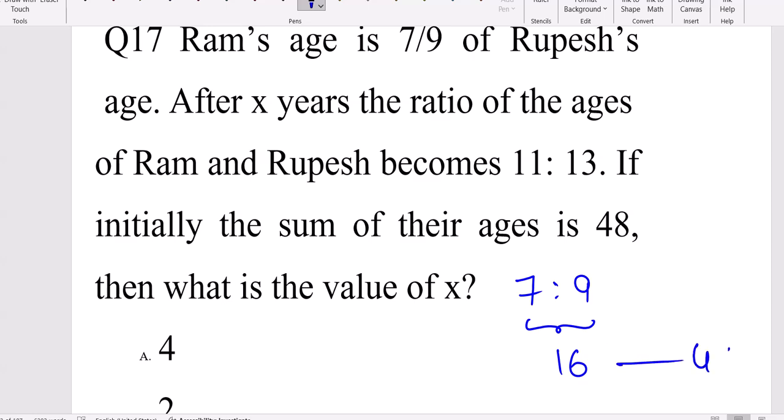But they said the sum of the ages is 48, which is into 3. The relation between the ratio and the original one: in the ratio 7 plus 9 is 16, but originally the sum of the ages is 48. Each ratio value is into 3 of the original one. So the relationship is into 3.